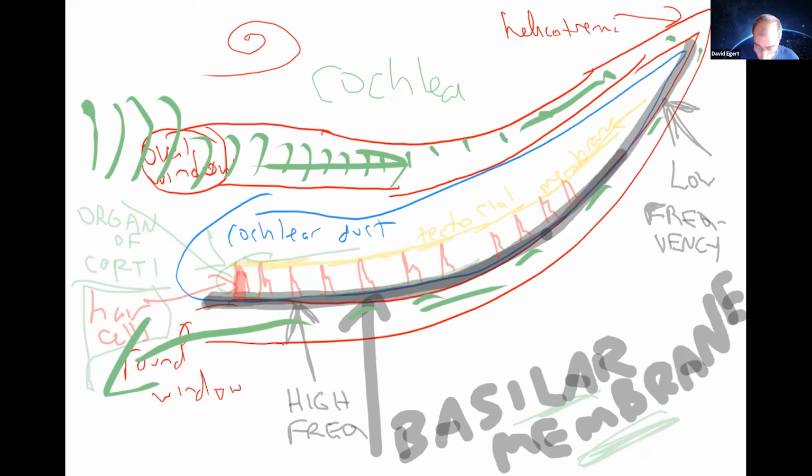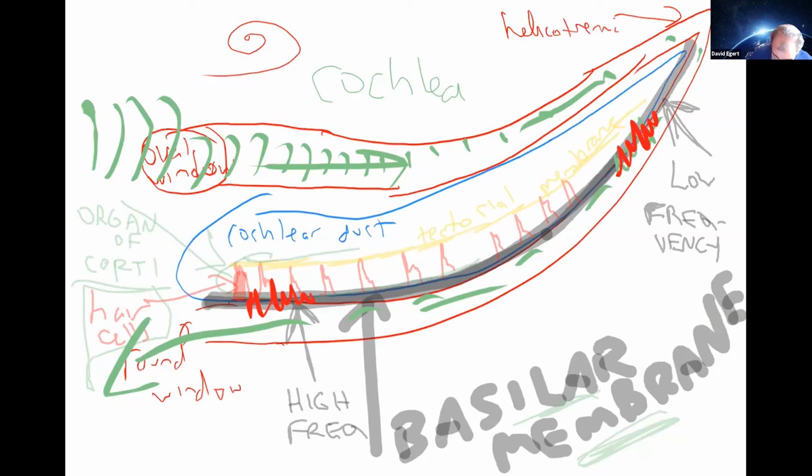If it's a low frequency, then the basilar membrane is going to vibrate more down on this part. If it's high, then it's going to vibrate on this part. So depending on where the pitch is, it's going to vibrate the basilar membrane on a different section.